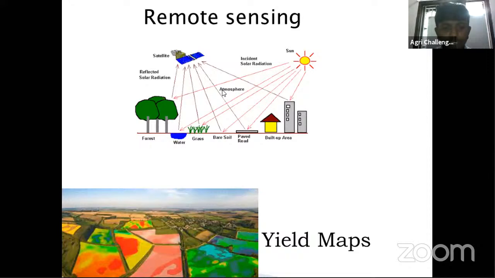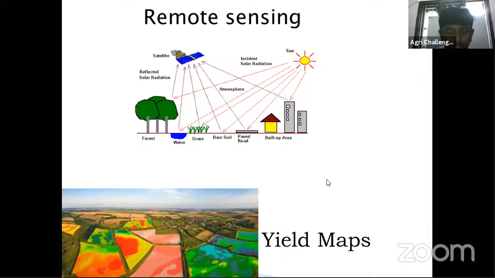this is water. The sunlight falls on the object and is reflected back. The satellite observes that reflected light, analyzes it, and gives us the data in digital number format. That data we put into our GIS system.